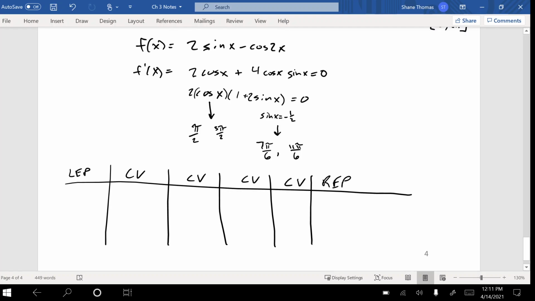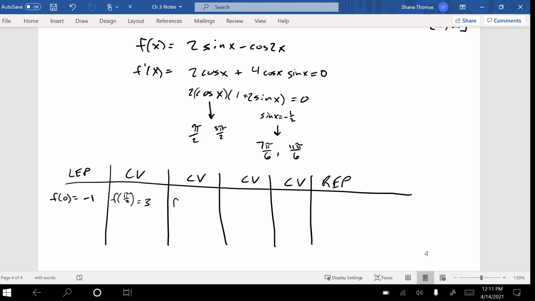Looking up at the beginning, we plug these back into our original function. If I find f at 0, put a 0 back in, sine of 0, it's just going to be -1. Second one, f of pi over 2 is going to be 3. Again, just plugging and chugging.